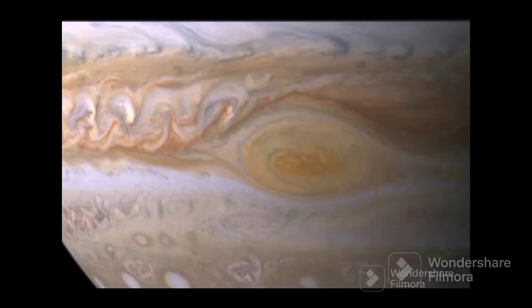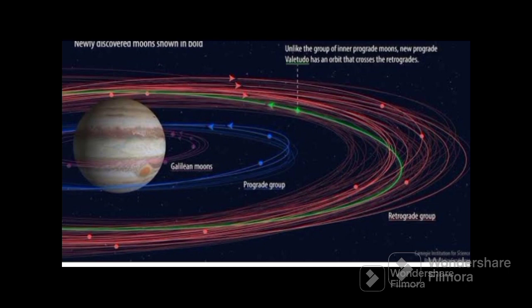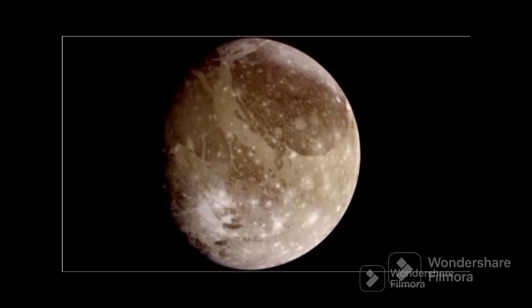Jupiter contains a giant storm which has been raging for 300 years, called Great Red Spot, which is almost the size of Earth. Jupiter contains the most number of moons in the solar system, which is 69, some of them discovered by Galileo and others by recent scientists. In those moons, Ganymede is the largest moon, which is quite larger than the Mercury.